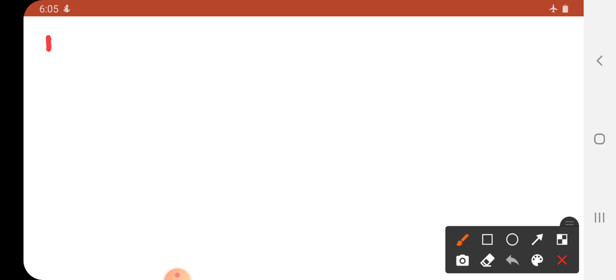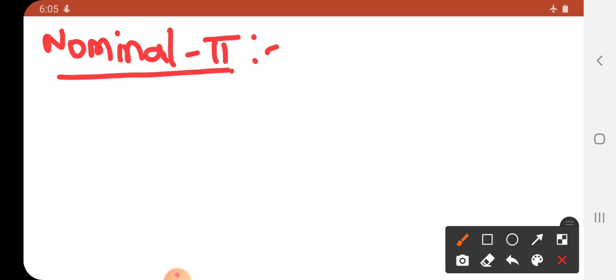Here let me draw the diagram. Of course, this is the last topic in the third unit. With this the third unit is over.